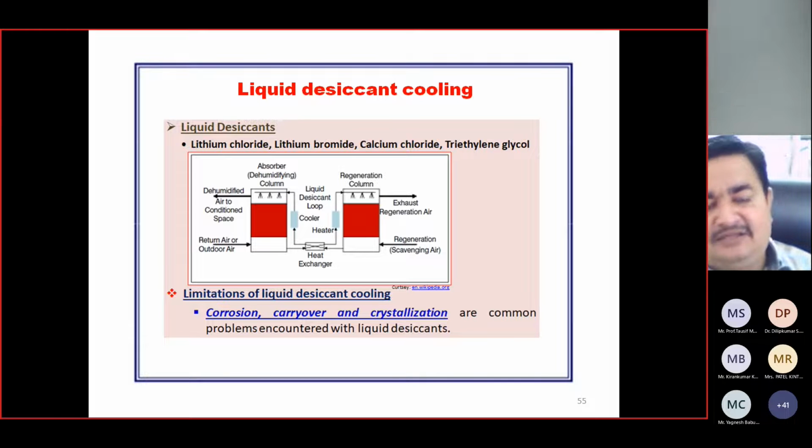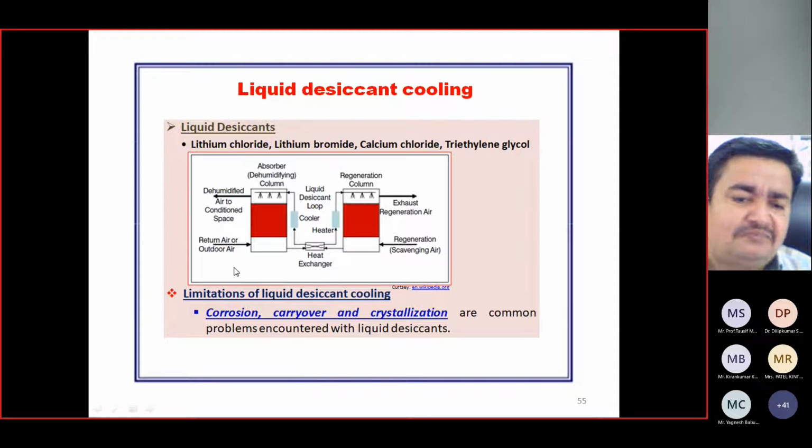The desiccant surface takes in moisture and chemically undergoes some changes. Here two main compartments are required, called the absorber and the regeneration column. The absorber is the dehumidifying column, and the regeneration column functions to separate out moisture from the weak desiccant solution coming over to the regeneration column.